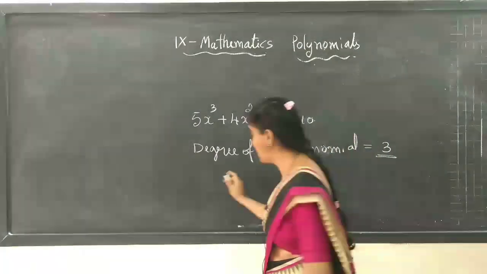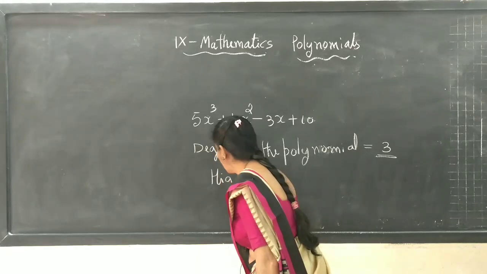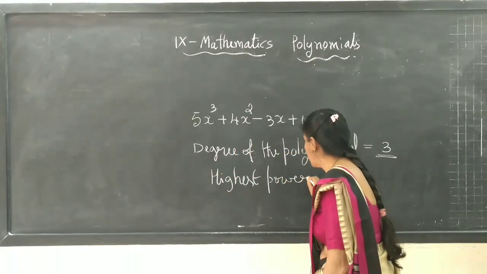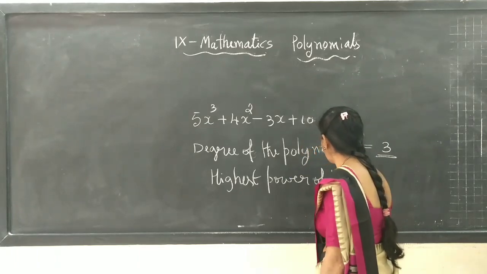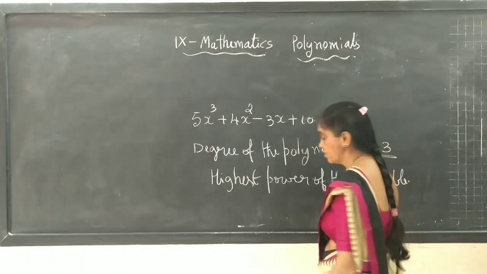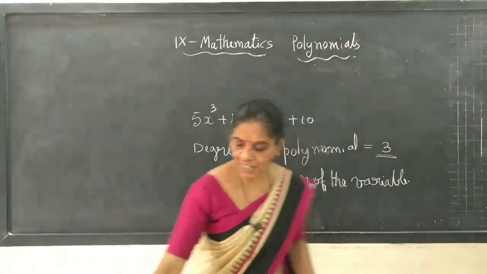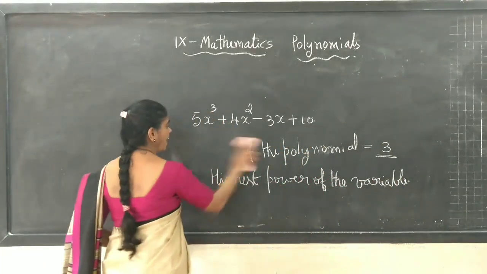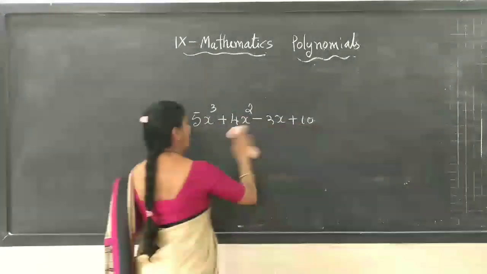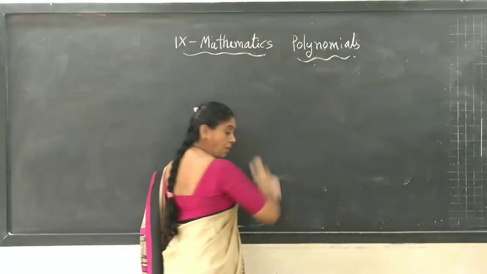So it is nothing but the highest power of the variable. In any polynomial, your work is to see the highest power, and that is called the degree of the polynomial.